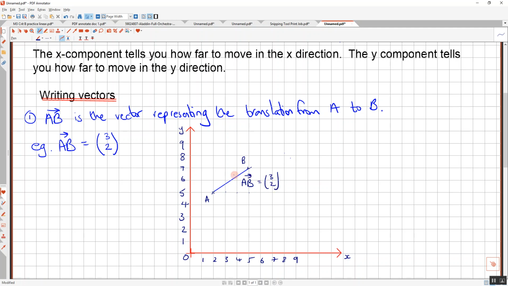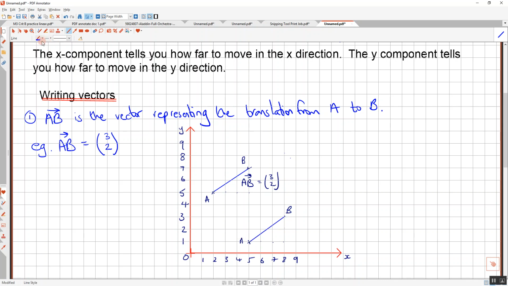Now it's important to realize it doesn't tell you where to start, okay? So I could draw it down here if I want. I move 3 in the x, 1, 2, 3, 1, 2, up. What can you tell me about these two vectors? They're parallel and they are, yeah, they're exactly the same.